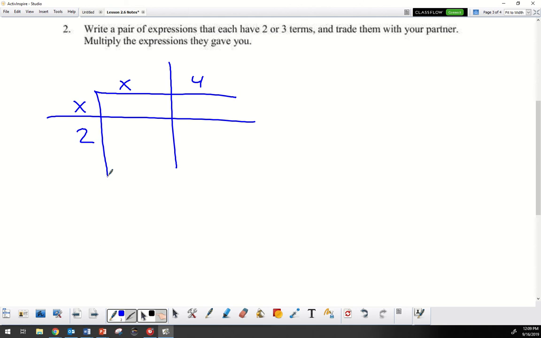X times X is X squared. X times 4 is 4x. 2 times X is 2x. And 2 times 4 is 8. So I get X squared plus 6X plus 8.